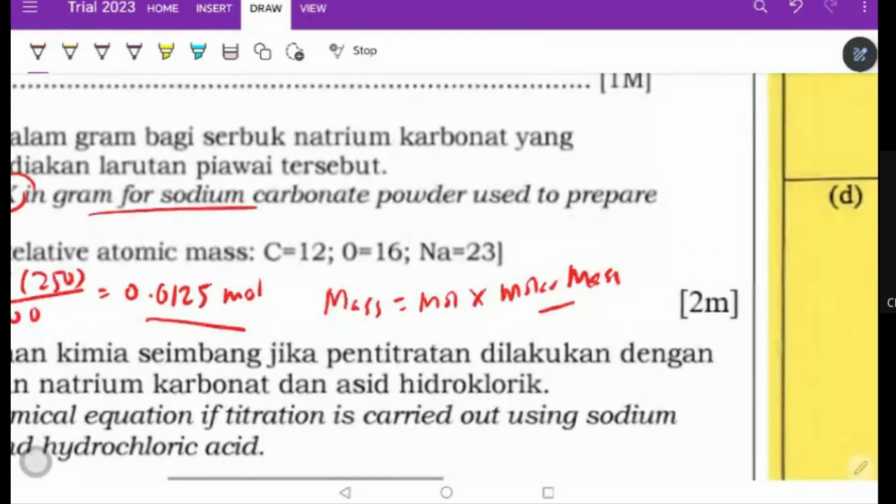Okay, molar mass for sodium carbonate. So what is the molar mass for the sodium carbonate? Mole is 0.0125, right? Molar mass.